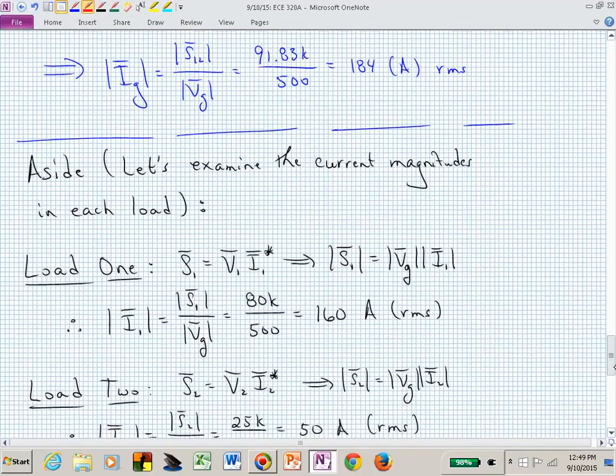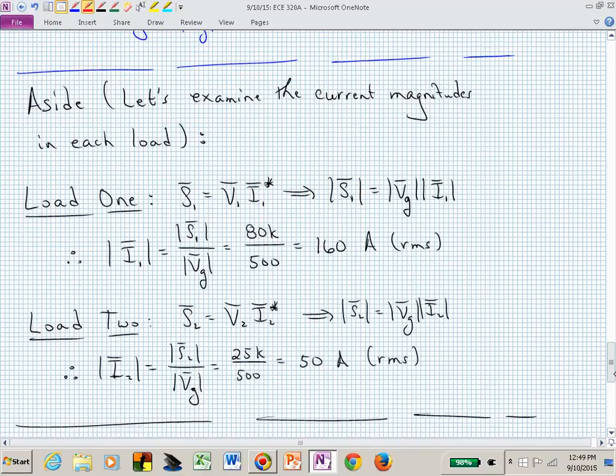Let's just look at that. That is the total current from the source. If we look at the two different loads, what are the magnitudes of those currents? We can do the same thought process. We know the voltage, everything was in parallel, and we knew the apparent powers for load 1 and load 2.